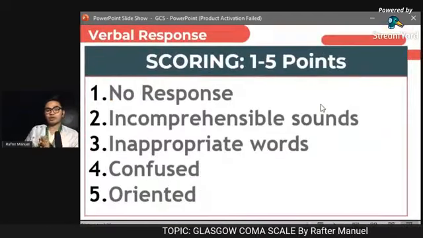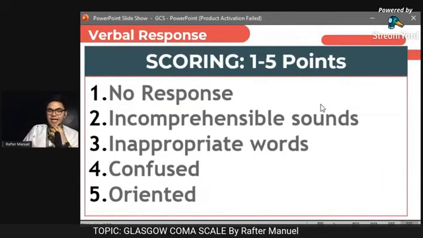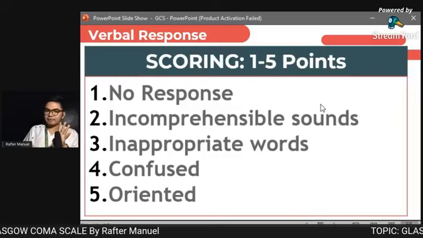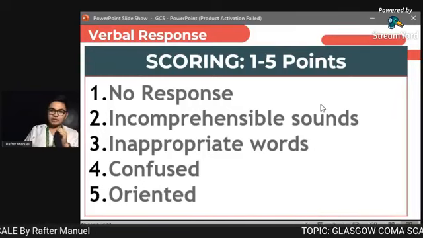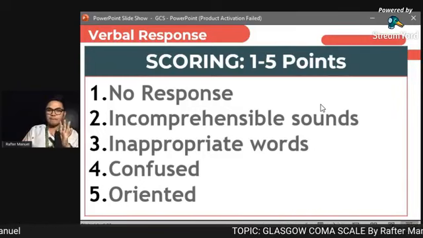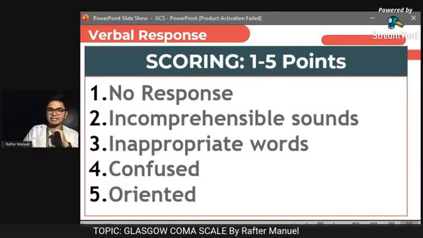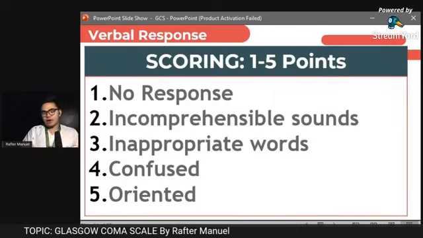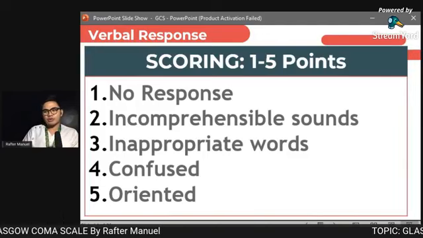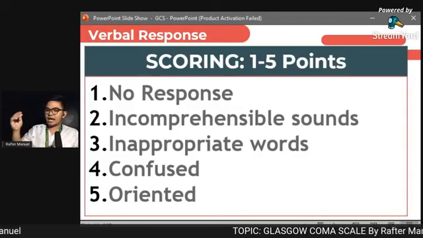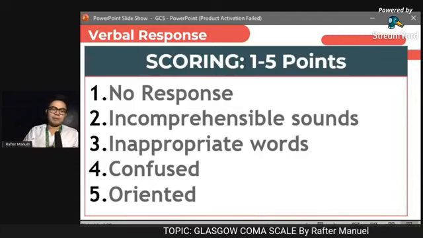Now we move on to the verbal response. Kanina, we only have 4 points for the eye opening. Here in the verbal response, we are going to have 5 points as the highest, 1 again is the lowest. How are we going to perform the verbal response as we are going to have this neurologic assessment to my patient?